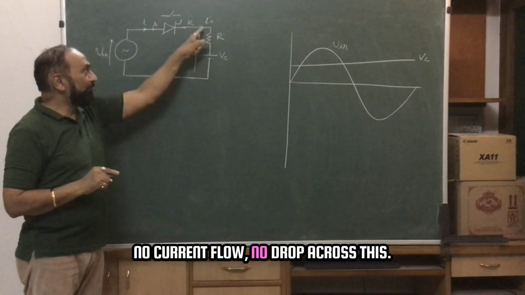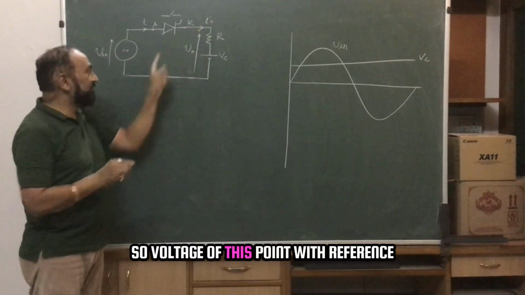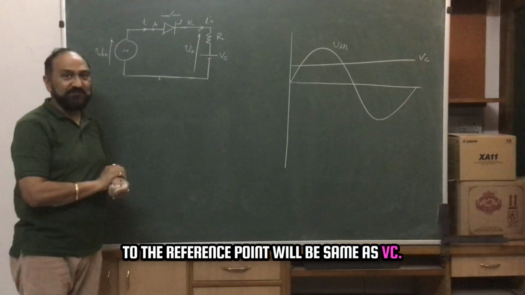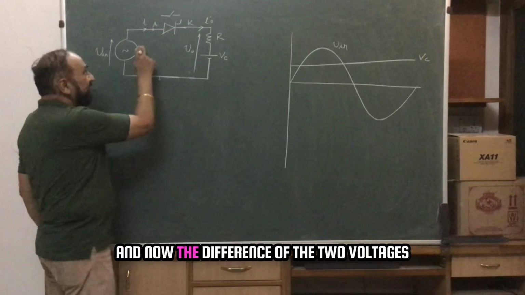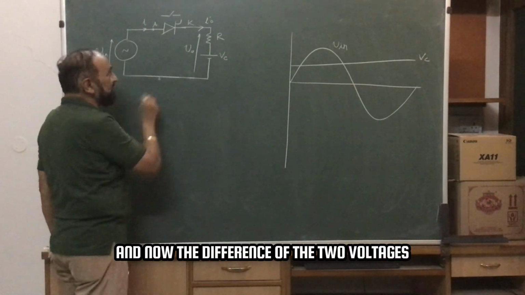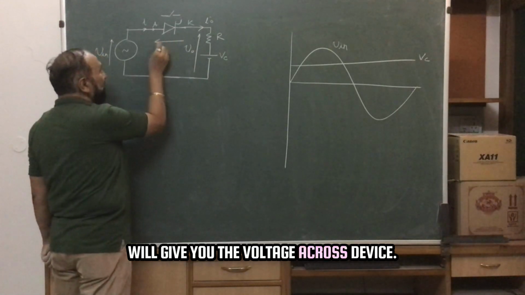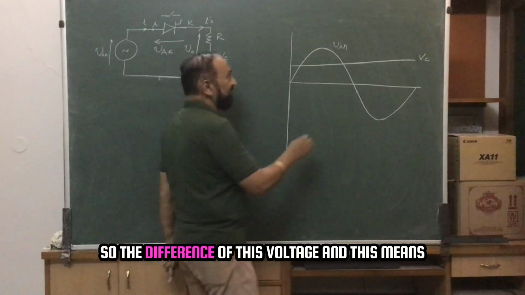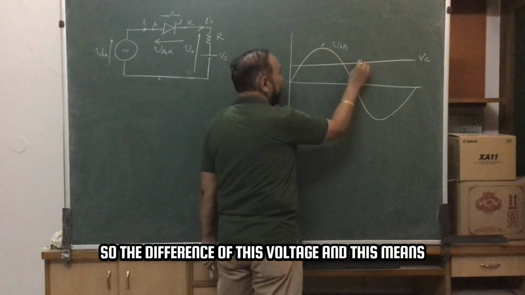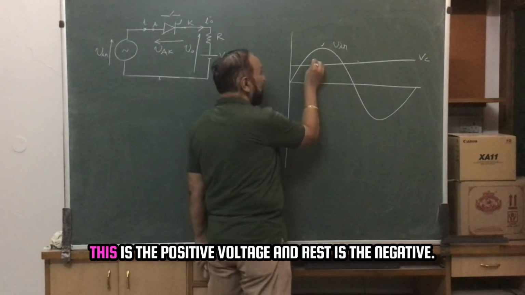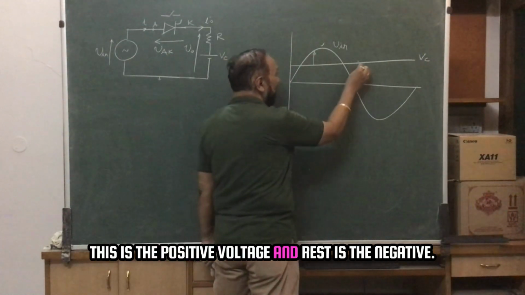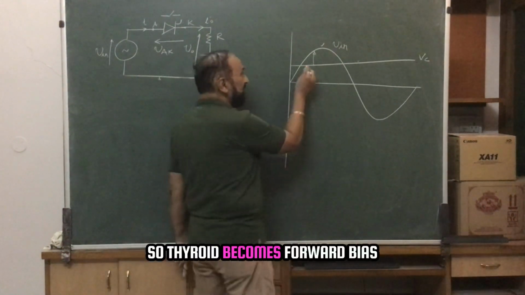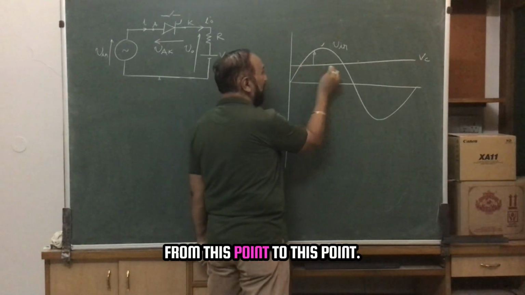No current flow, no drop across this, so voltage of this point with respect to the reference point will be same as VC. And now the difference of the two voltages will give you the voltage across device. So the difference of this voltage and this means this is the positive voltage and rest is the negative. So thyristor becomes forward bias from this point to this point.